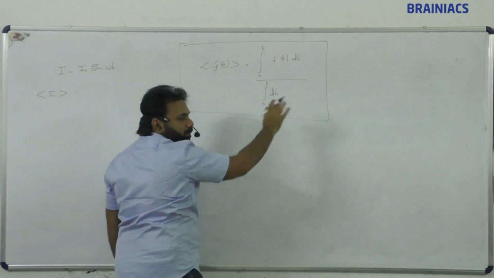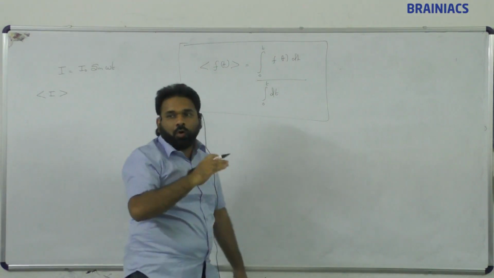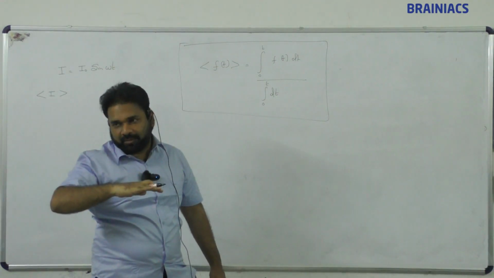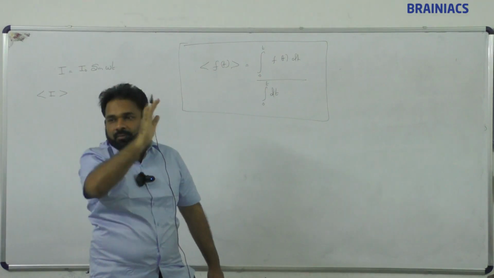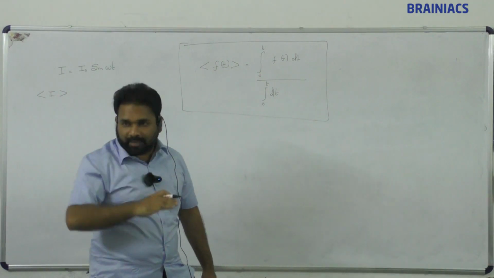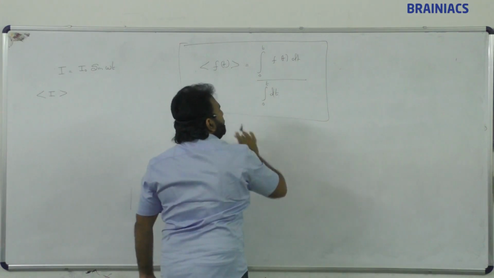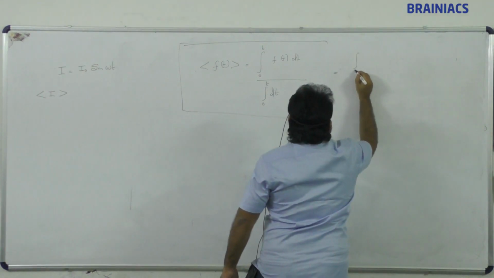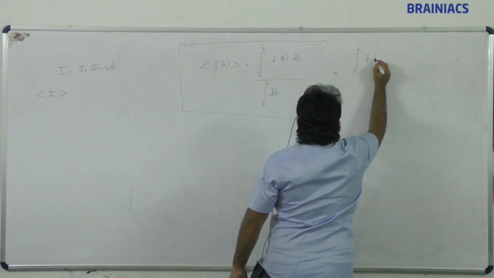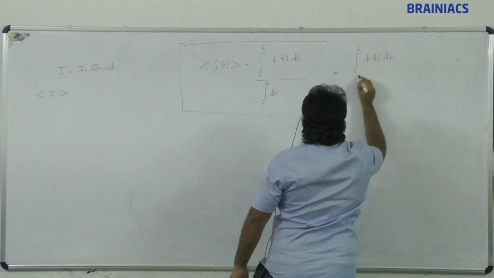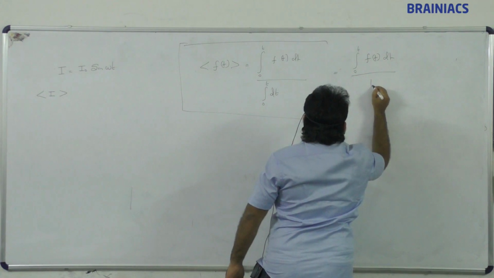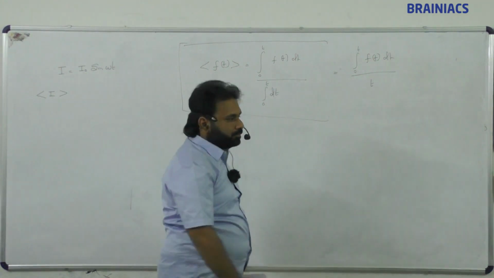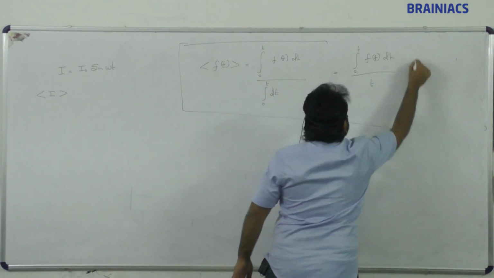Integral of the function dt, divided by the total time duration. So that is nothing but integral 0 to T of f(t) dt divided by how much time. I have written it like this for understanding.